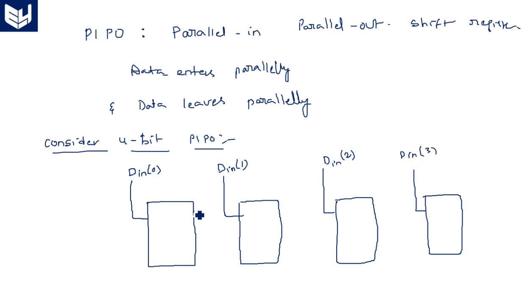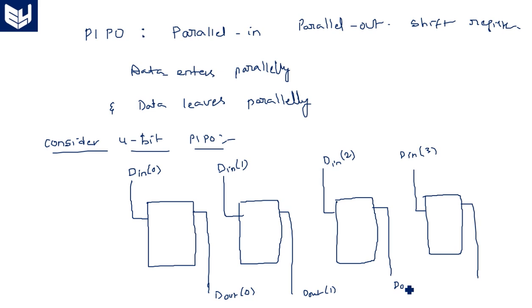Similarly the data is coming out parallelly, so all these lines show that data is output parallelly: D out of 0, D out of 1, D out of 2, and D out of 3.